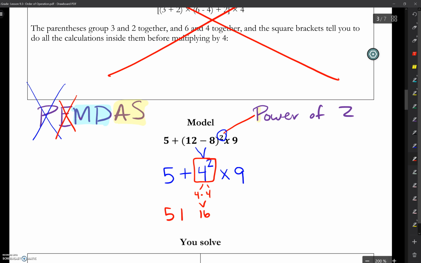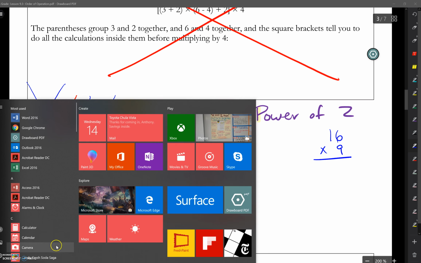Now I put my plus sign here, my 5, and I put my multiplication here. Now I'm going to multiply or divide, whichever comes first. And for this problem, it's only multiplication. So I'm going to multiply 16 times 9. And I can use my calculator since I have my computer here.